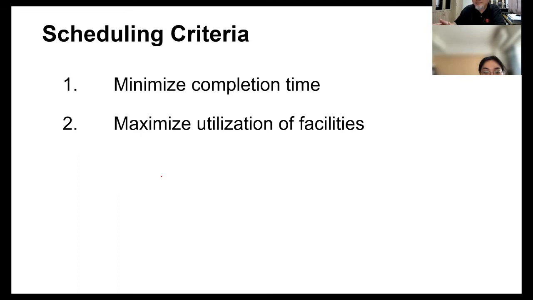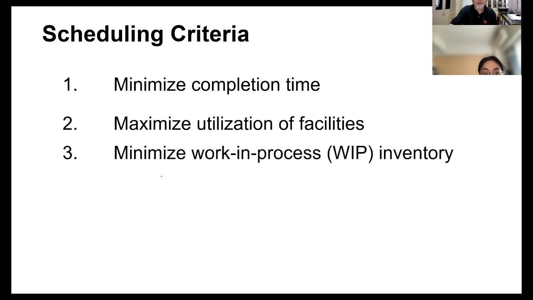If I have 5 machines and job orders, I need to sequence so that all the machines are maximally utilized. You can measure that by the percent of the facility being utilized.